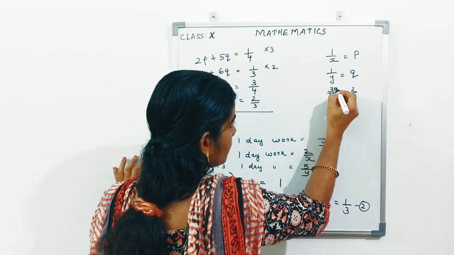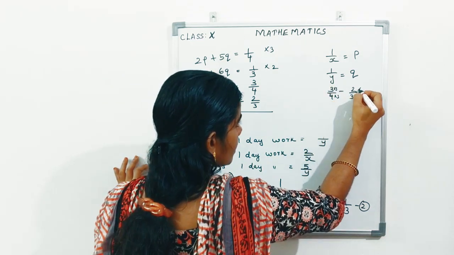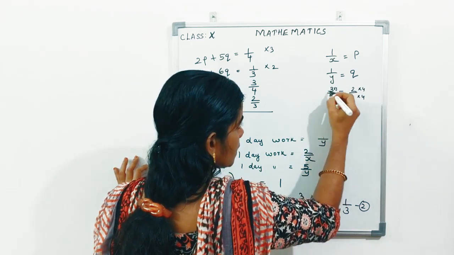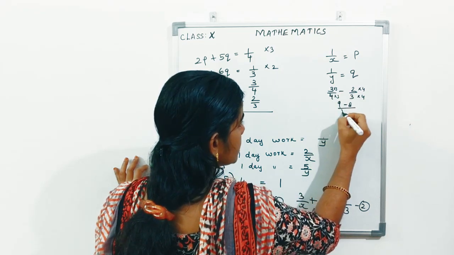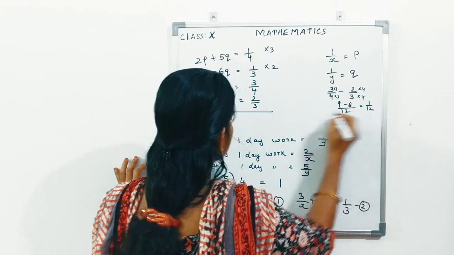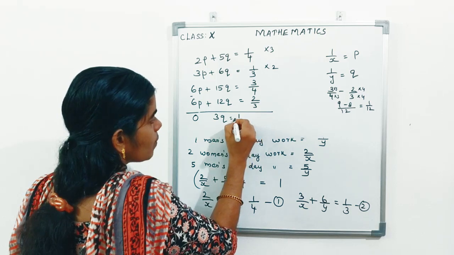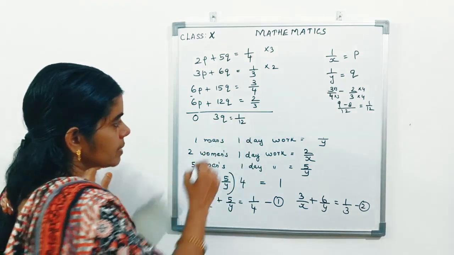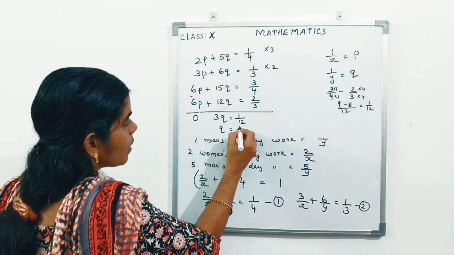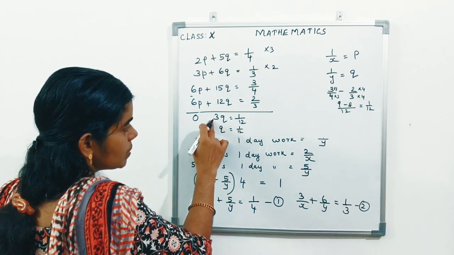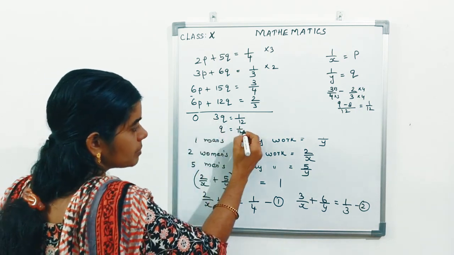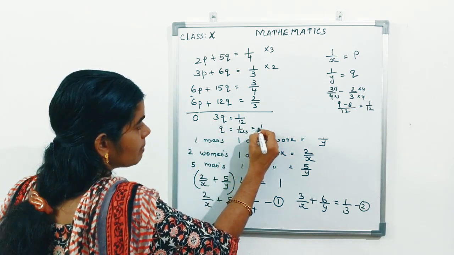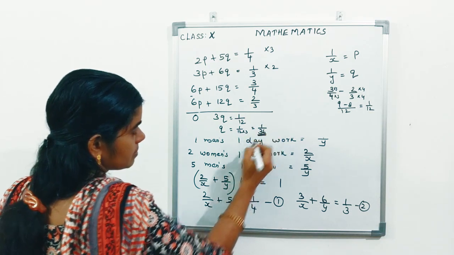This you want to multiply with 3 and this with 4. 9 minus 8 by 12 is equal to 1 by 12. 3q is equal to 1 by 12. Then q is equal to 1 by 12, and this 3 also will come to the denominator, that will be 1 by 36.